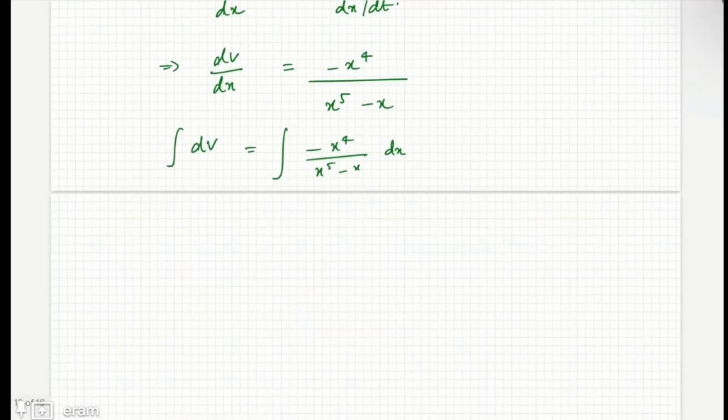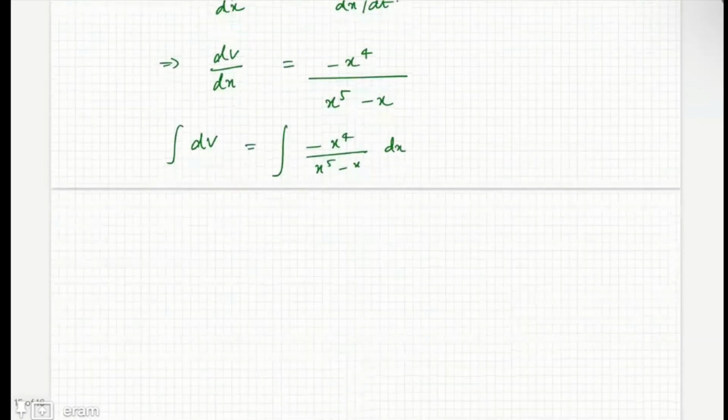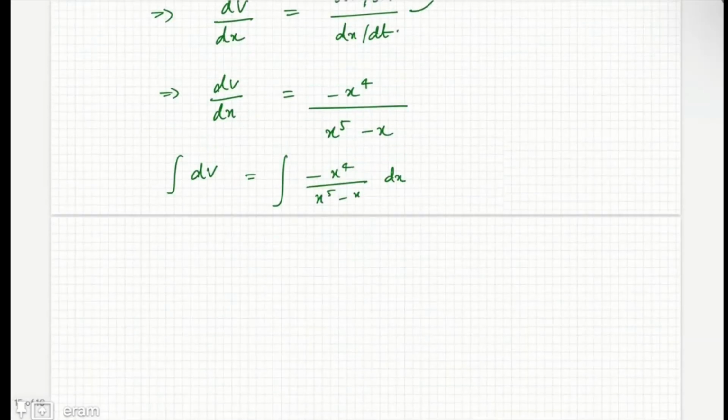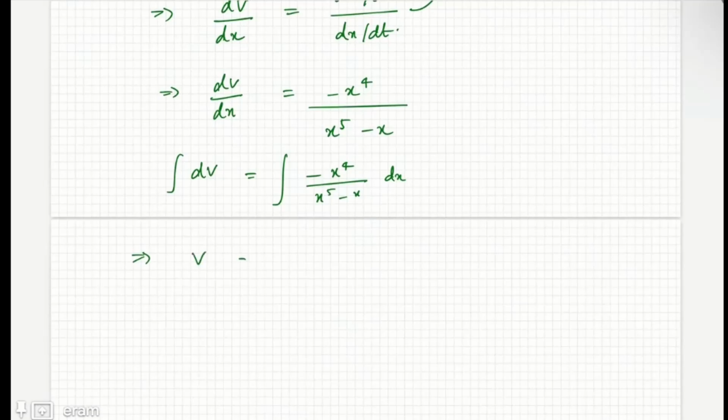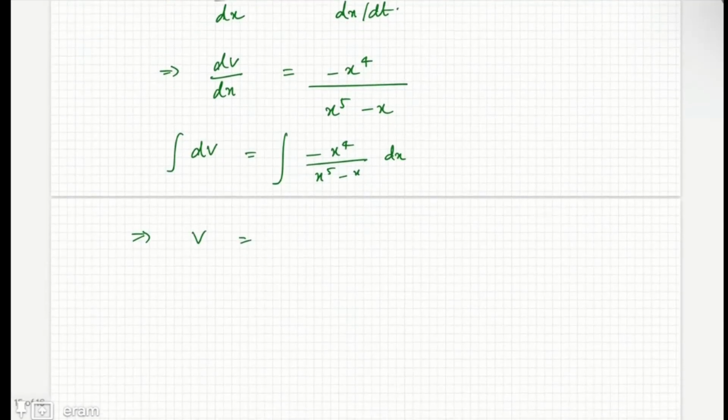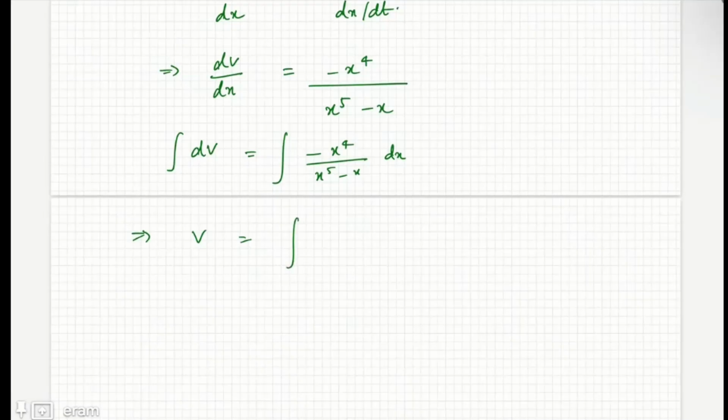Since at x equals 0, v should be 0, this gives us nothing but v. Now in order to find this integrand, we can cancel x, so it will be x to the power 4 minus 1 dx.